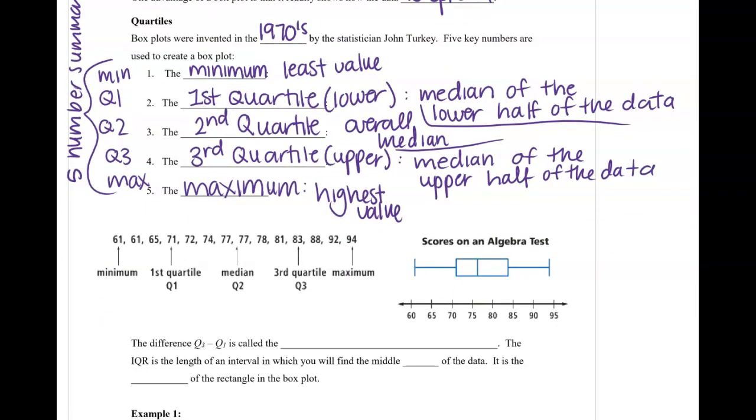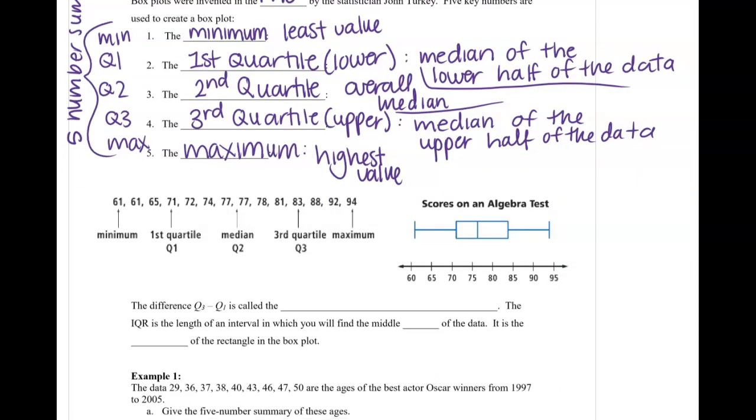So if we look at the set of data, basically comparing here, your minimum shows up on the box plot on the far left. Then we have Q1, Q2, Q3, so the median's right there. And this is your max.